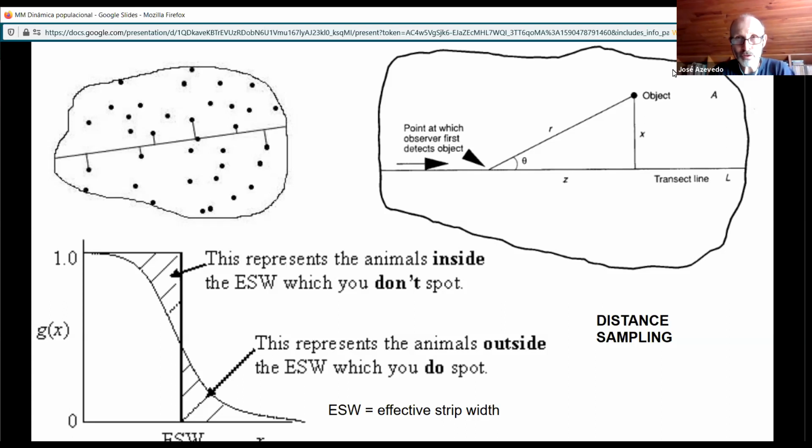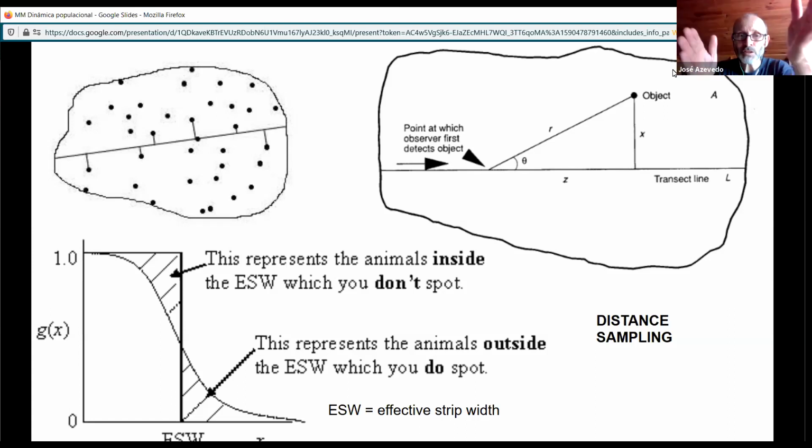Say you're going north, and you see an animal to your right. You have to estimate how far the animal was, and also the angle that this observation makes with the path you're traveling.